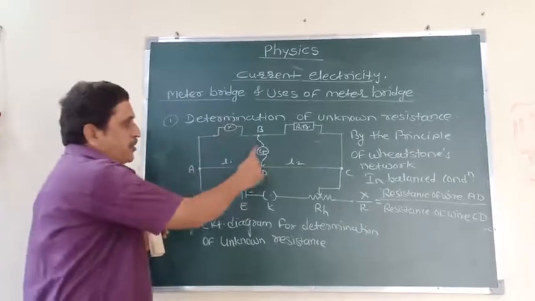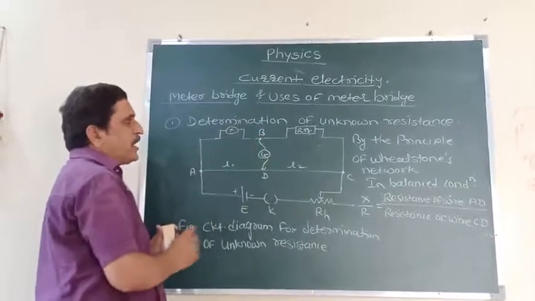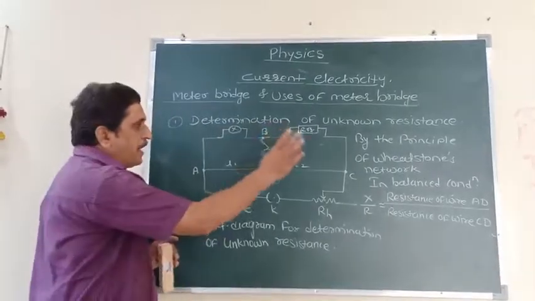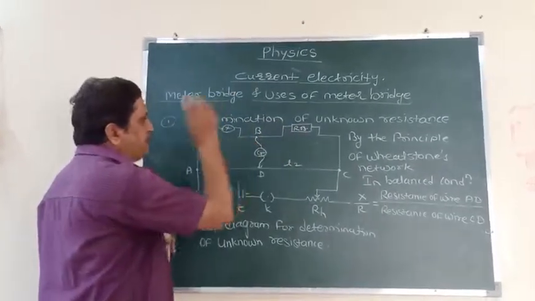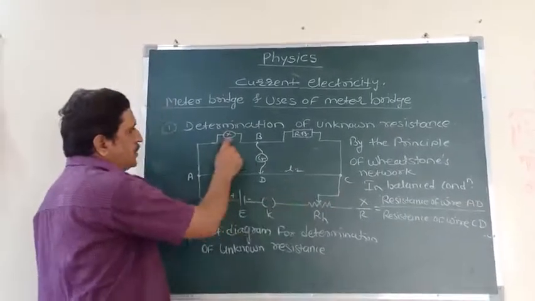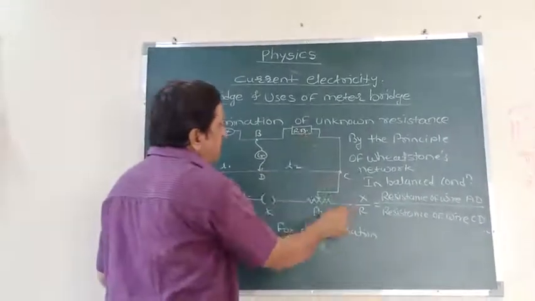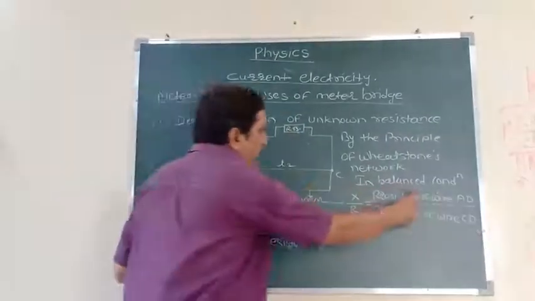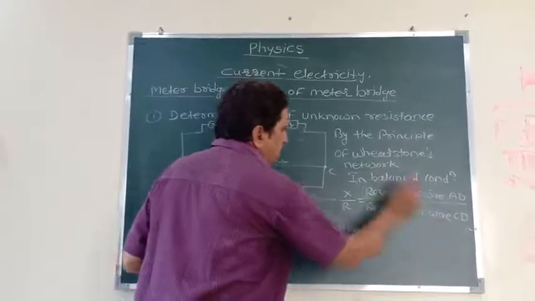Once the galvanometer shows zero deflection, we can say that this network is balanced. Now in the balanced condition, by the principle of Wheatstone's network, we can write X divided by R, where R is the resistance taken out from the resistance box, is equal to resistance of wire AD divided by resistance of wire CD.